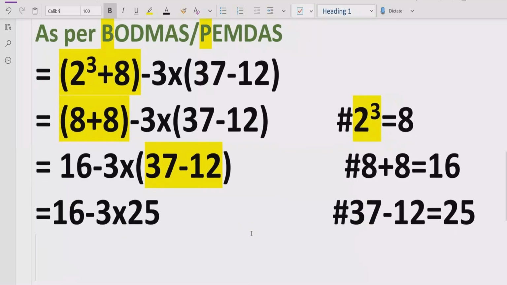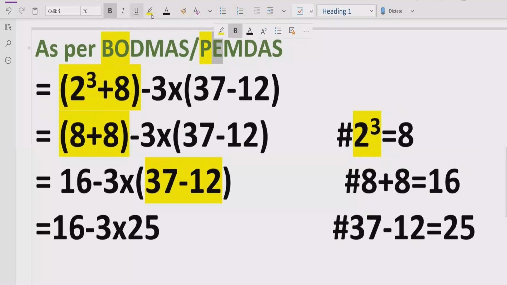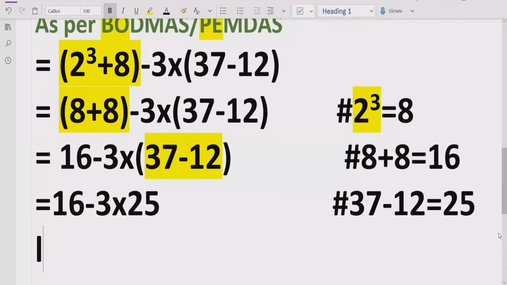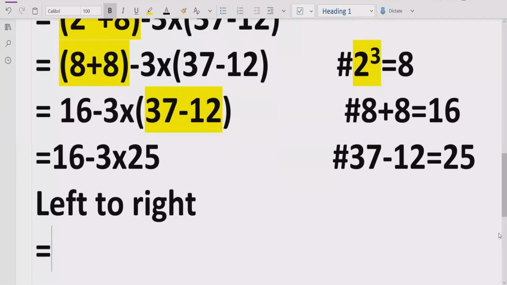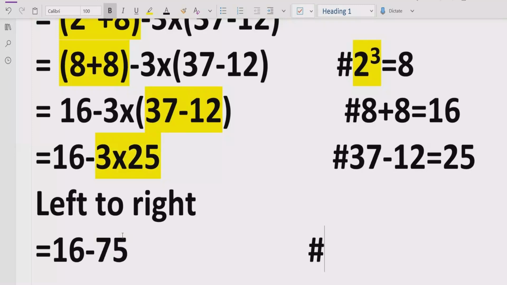Now, we have solved the brackets and also we have solved the exponent part inside the bracket. Now, we have to move forward to solve the division and multiplication. So, we will go left to right in our expression and find out which is coming first. So, here we have 3 multiplied by 25, which is 75. So, here we will give the reference: 3 multiplied by 25 equals 75.